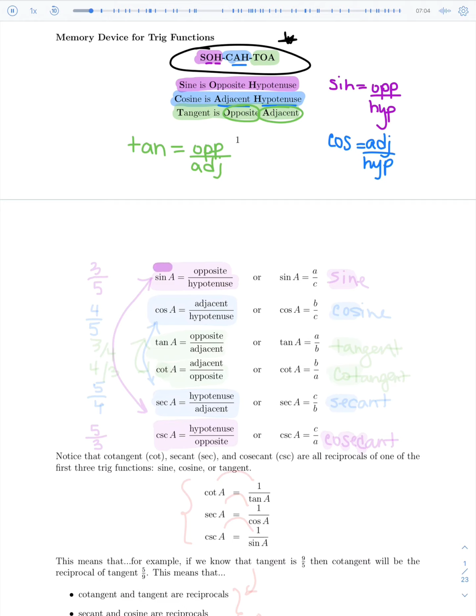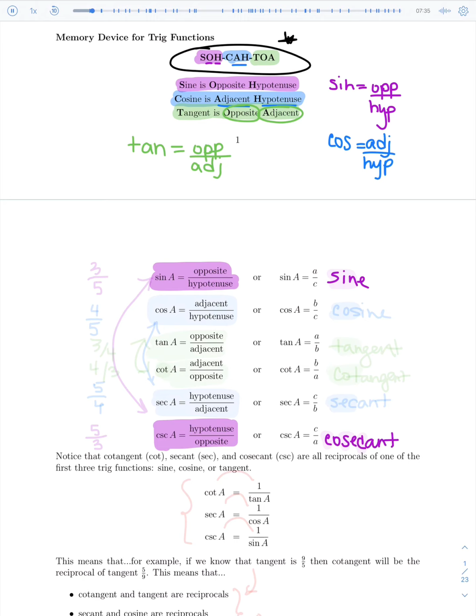So for sine, we had opposite over hypotenuse. The one that it's going to match up with is cosecant. Those two are going to be reciprocals of one another. And again, this is sine and cosecant.